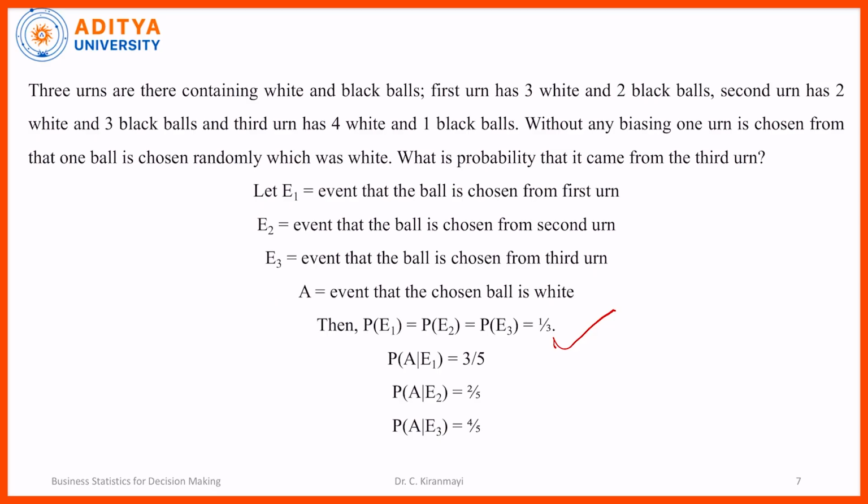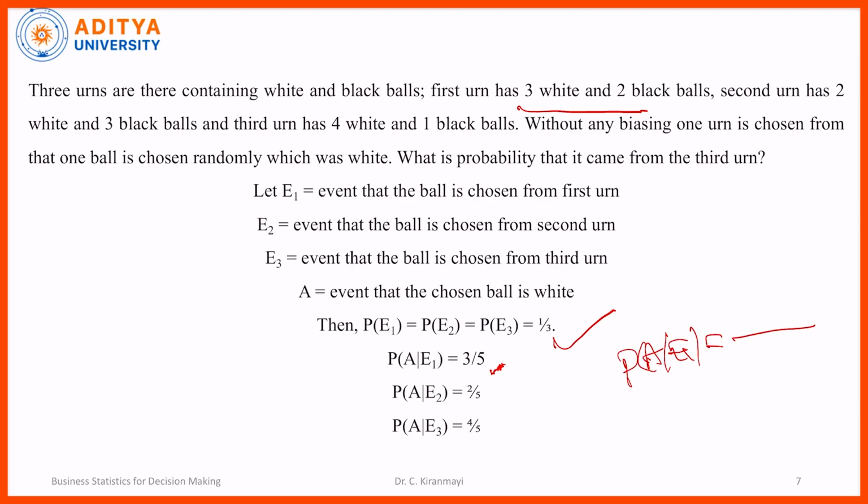So we have conditional probabilities: if a person selects the first urn, and then randomly chooses one ball from it, what is the probability that the ball is white? That is P of A given E1.